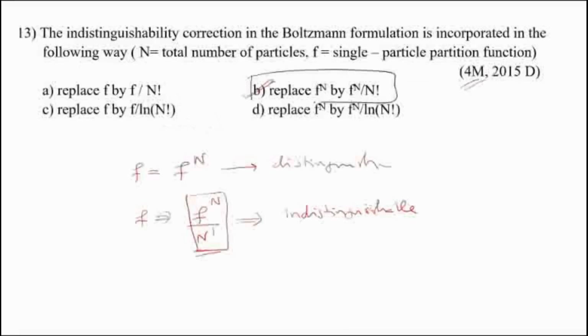We have to replace f^N. I used q^N; I have told you that you can use f or q, both are the same. f^N should be replaced by f^N/N!. So this is the correct answer.